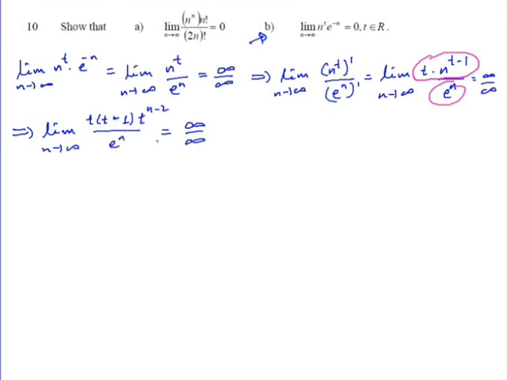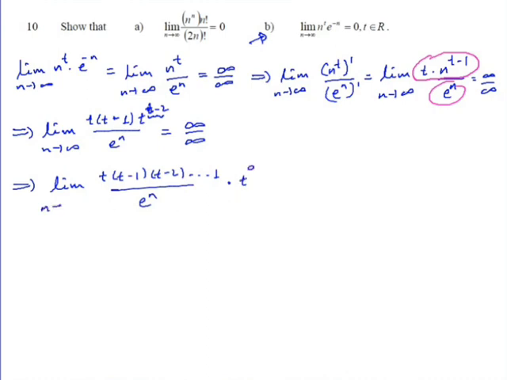Using L'Hopital's rule successively until this degree becomes 0, we apply it t times. Okay, so what do we get? We will get the limit of t times t minus 1 times t minus 2 up to 1, okay, over e to the power of n, as n to the power of 0, which is 1.